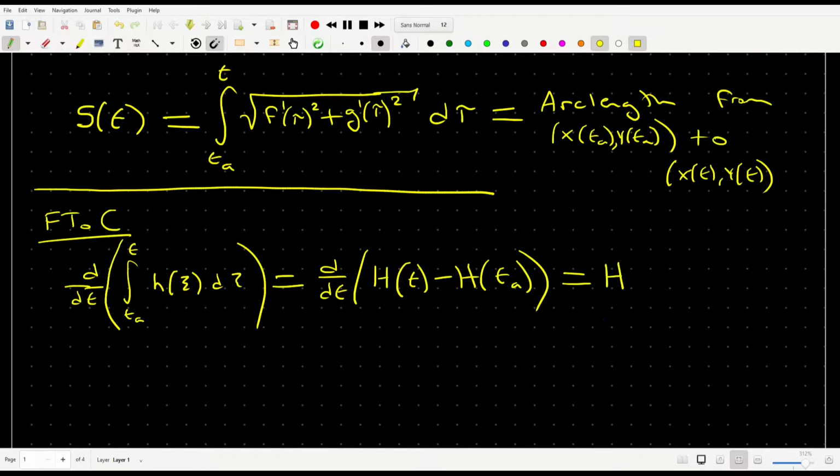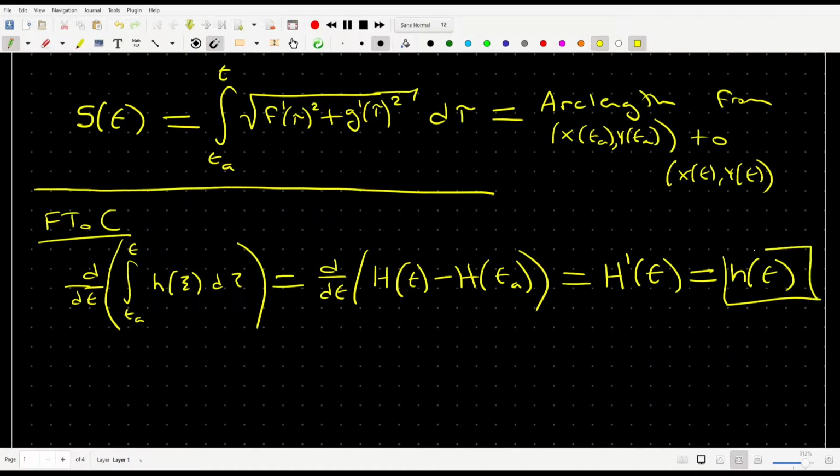Well, before we do that, this derivative is going to be h prime of t, which is the derivative of the antiderivative. Then the t derivative of h of ta is going to be 0 because h of ta is constant. So the second form of the fundamental theorem of calculus says that the derivative of the antiderivative is going to be the same thing as this integrand evaluated at t.